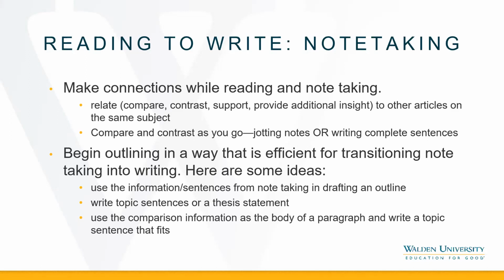Again, these might change as you go on, most likely will, but just getting those sentences down is helpful. And use the comparison information as the body of the paragraph and write a topic sentence that fits. So comparing between studies, between authors, will be those sentences, or the body sentences, supportive evidence of those main topic sentences that you're developing.